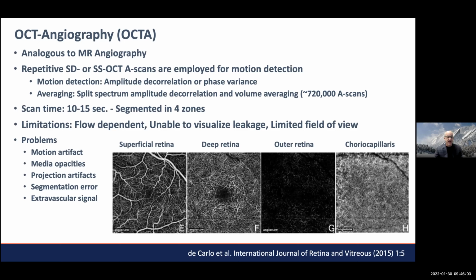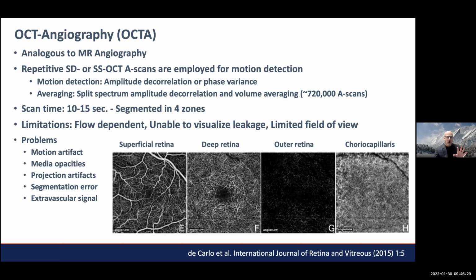This makes the technology very sensitive to segmentation error and media opacities, and can even be fooled by the presence of some extravascular signal. For many of these reasons, OCTA has been used mostly for the qualitative analysis of patients in front of you, and it can be used very rarely in any quantitative longitudinal sense at this time.